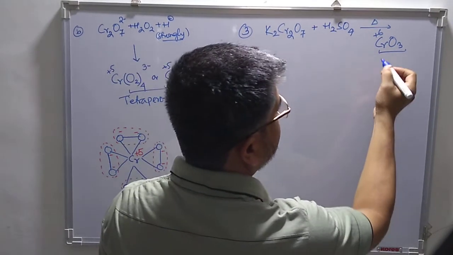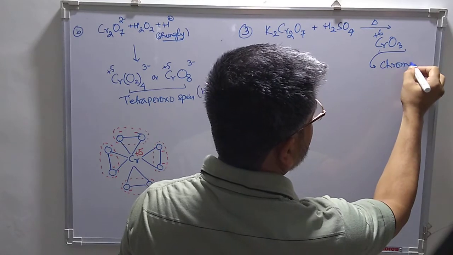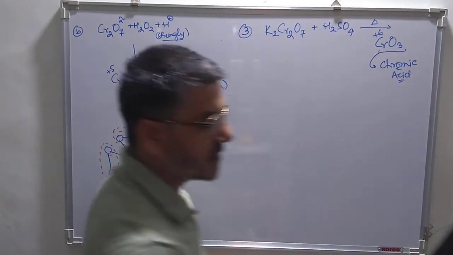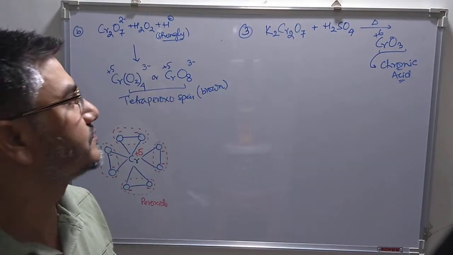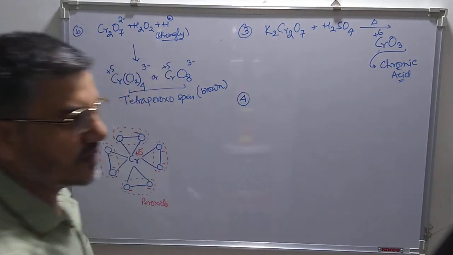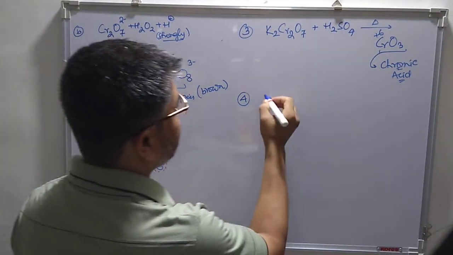Now this chromium trioxide is commonly known as chromic acid, which is a very good oxidizing agent used in organic chemistry. And one of the most important properties of potassium dichromate is that it is an oxidizing agent.